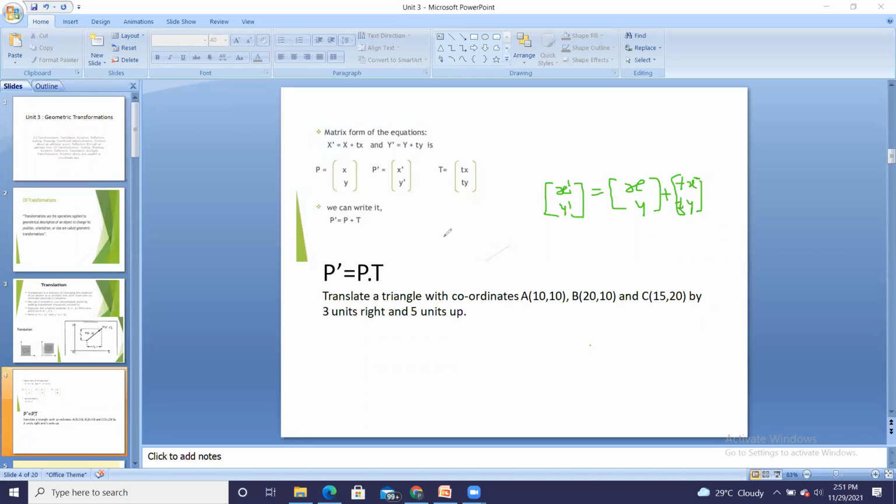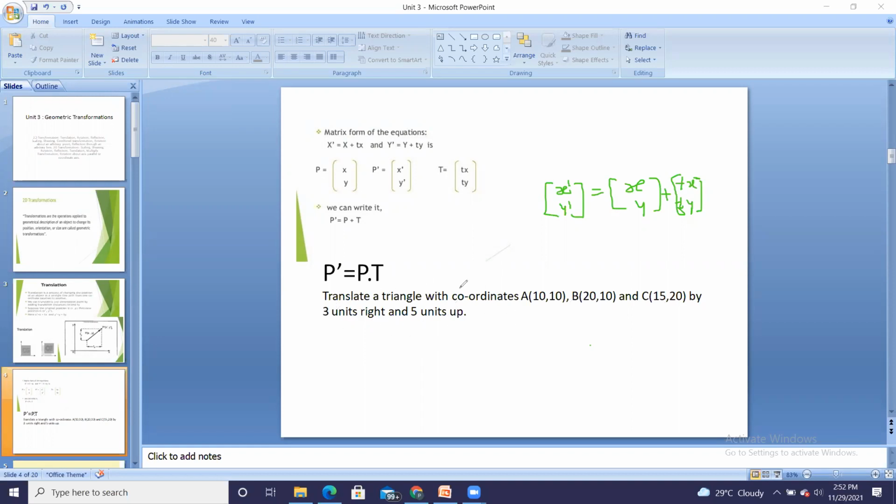Okay, but when I say that I want to translate a triangle with coordinates A (10, 10), B (20, 10) and C (15, 20) by 3 units right and 5 units up, what is the meaning of this?